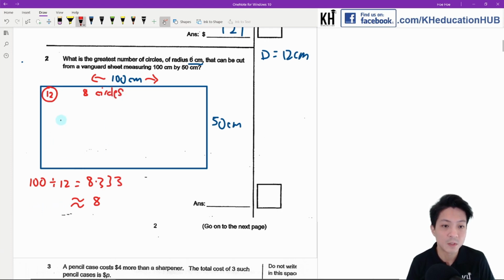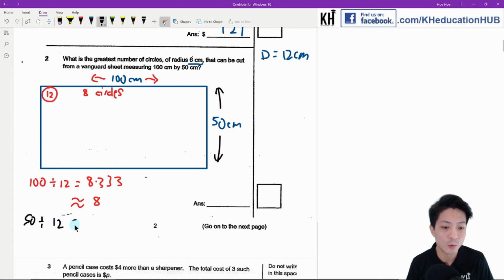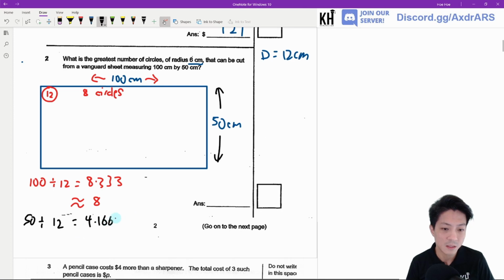The next step, I'm gonna find out across the breadth how many circles I can fit. I'm gonna do the same thing: 50 divided by 12 gives me 4.1667, which if I round down will give me 4.